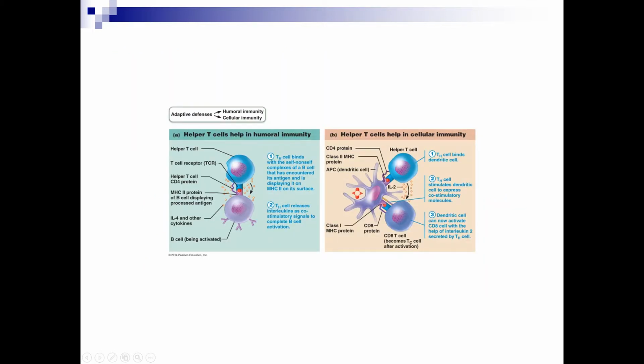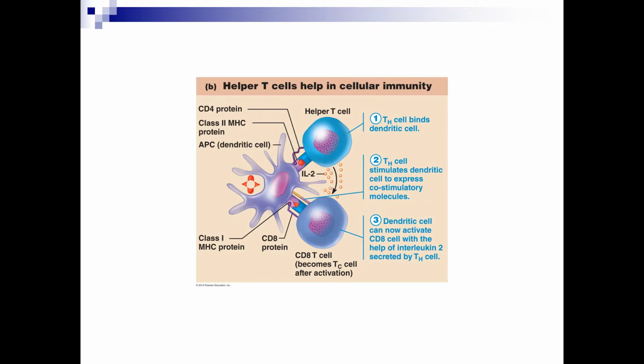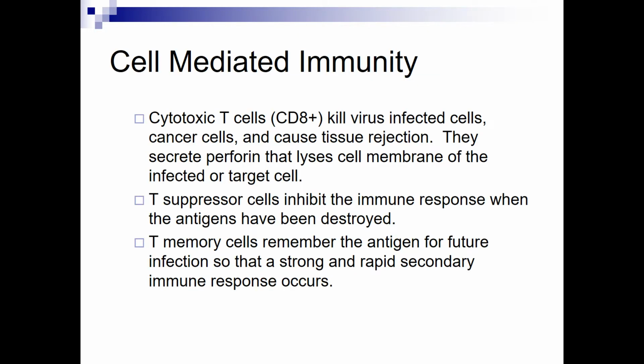So this just shows the chemical signals recruiting the B cells, recruiting the CD8 cells, interleukin 2, and in this case interleukin 4, to get the effector cells, so the B cells, to become plasma cells, and then to activate the cytotoxic T cells. So that's the role that the helper T cell plays in immunity. And then here's just a bigger video of that.